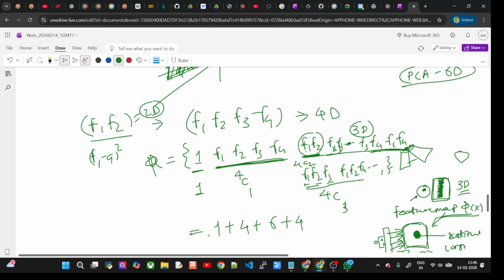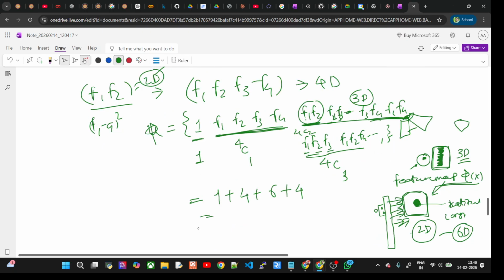So what happened is your 4 dimensions f1 f2 f3 f4 become 15 in the higher dimension. In our earlier example with f1 and f2 we got 6, like 2D converted to 6D.